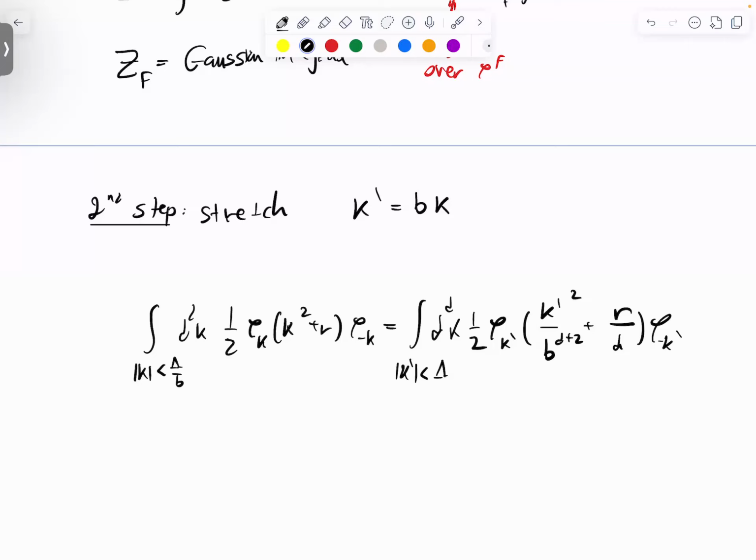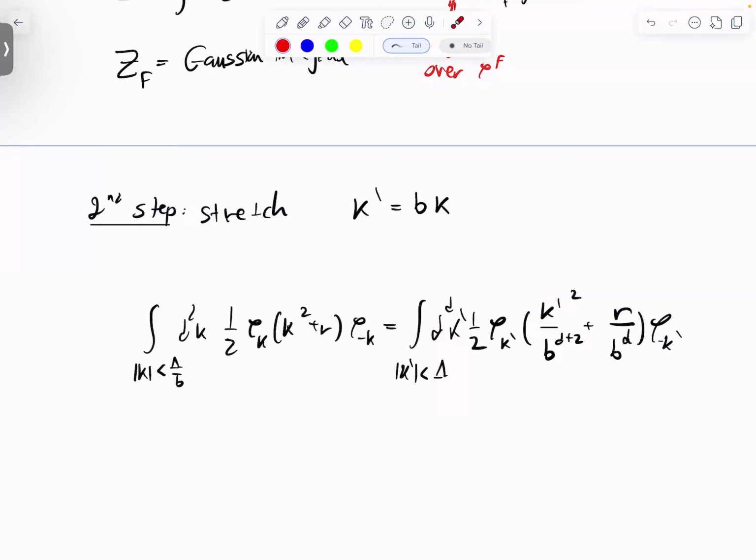Now, where did I get these factors of b, these powers of b? Well, I got them because this is d^d k prime. It's because I changed variables and this k prime contributed this extra factor of 2.